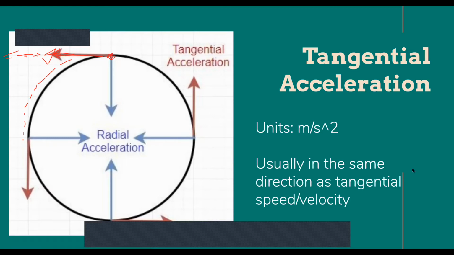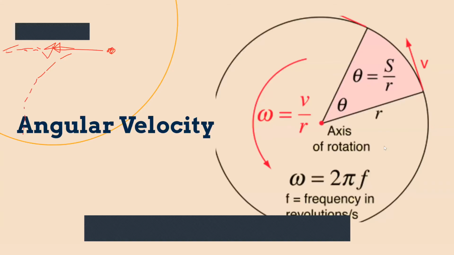So this leads us to our next point, which is angular velocity. Angular velocity tells us how fast this object is traveling relative to a circle or a degree. And the reason why I asked you in the beginning what a radian is, is because the unit for angular velocity is radians per second.